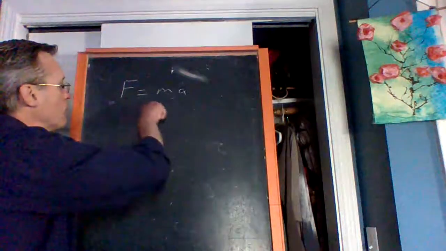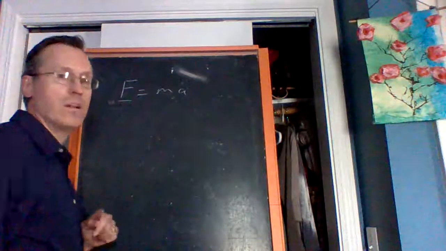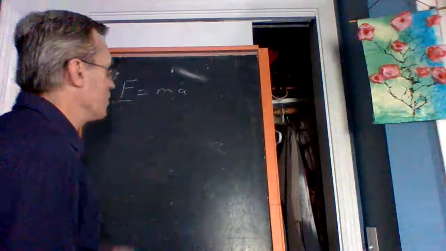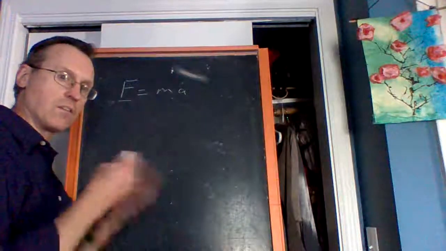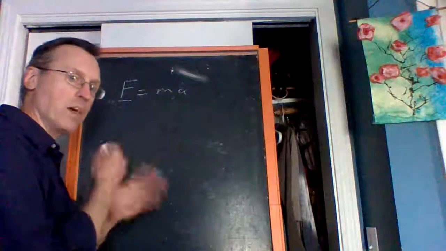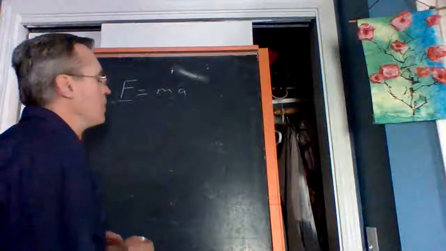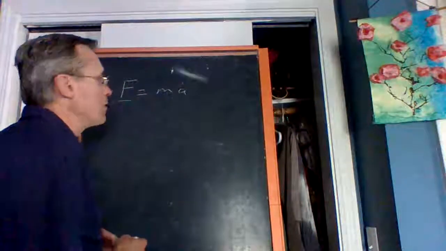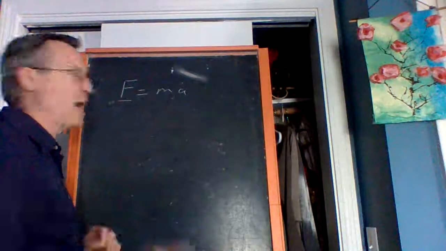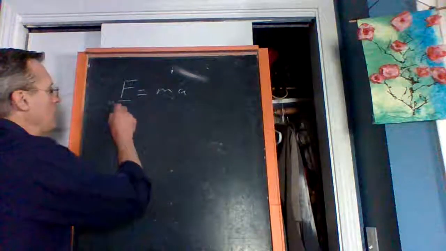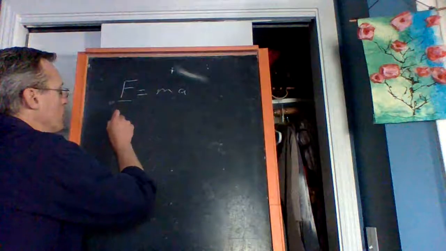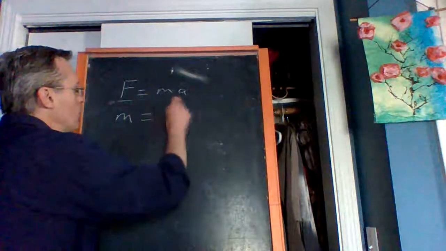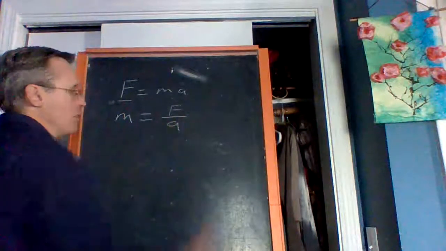When you're doing these problems, if you are asked for a force, you would just use this version of the equation. Just like the acceleration equation, you can manipulate it depending on what you're looking for. If you're asked for the object's mass, you rearrange it: mass is force divided by acceleration.